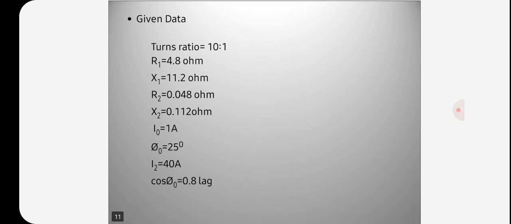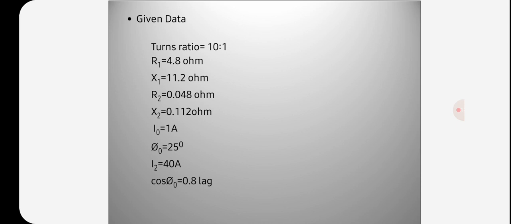So in this problem, they given turns ratio is 10 is to 1. R1 is equal to 4.8 ohm, X1 is equal to 11.2 ohm, R2 is equal to 0.048 ohm, X2 is equal to 0.112 ohm.